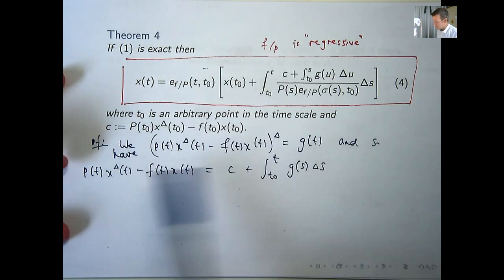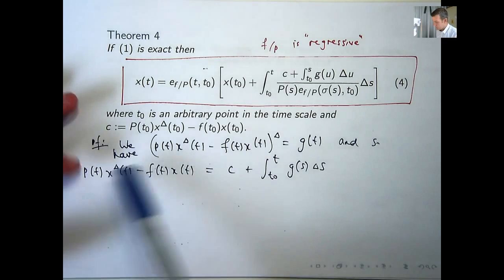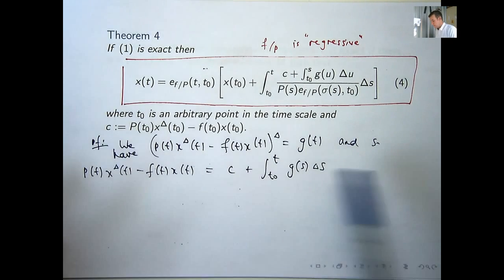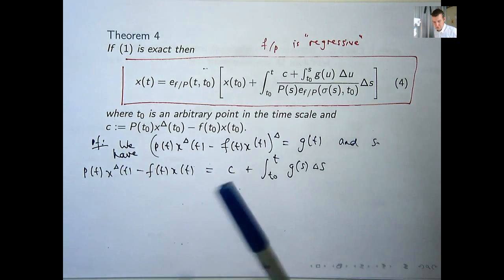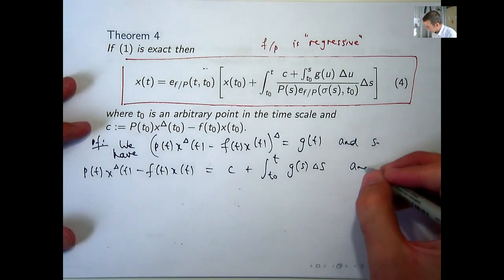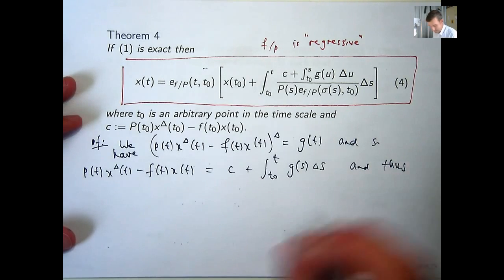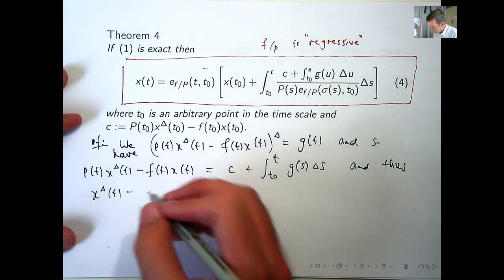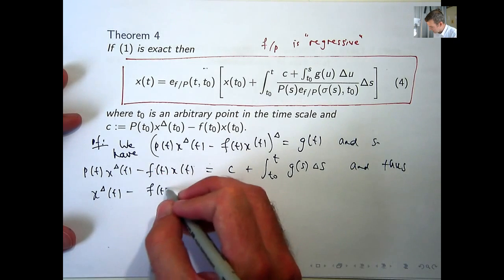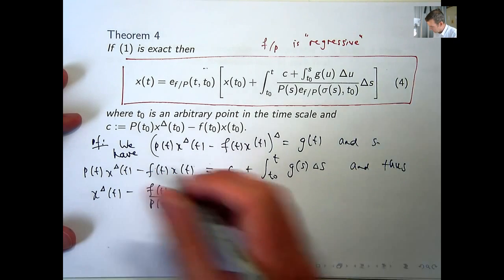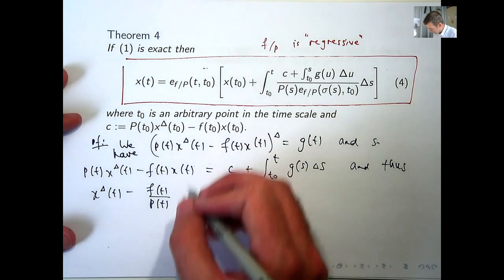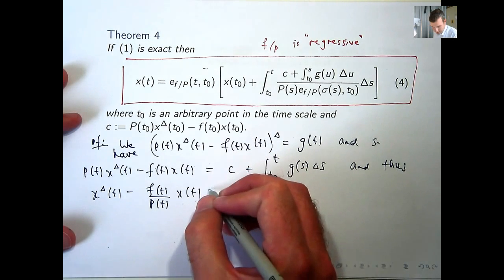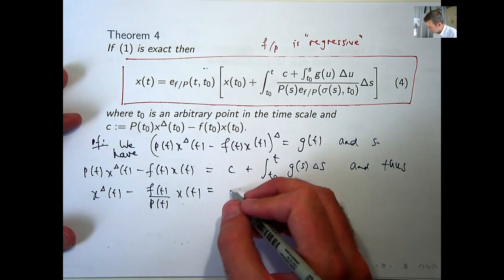And then what I can do now is you can see essentially I can rearrange, and this is essentially a linear dynamic equation now, first order. Okay, so if I just sort of divide this coefficient out, I'll get the following.